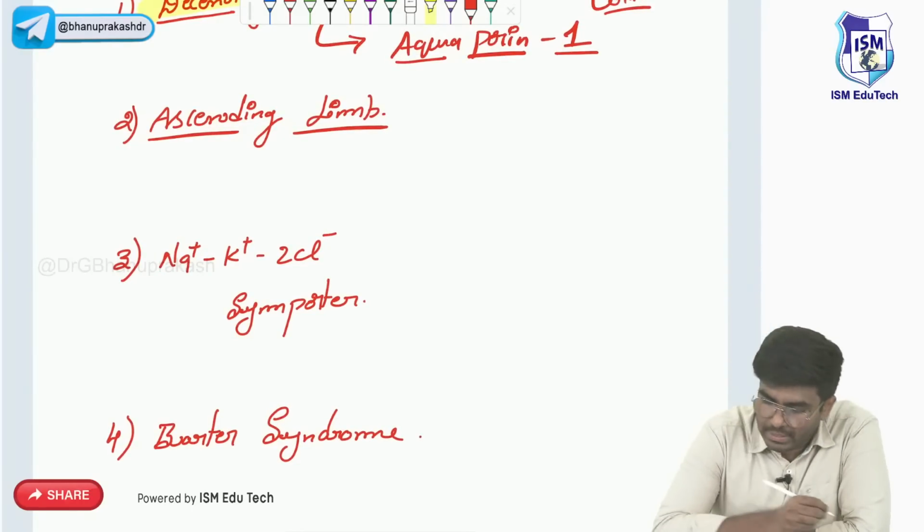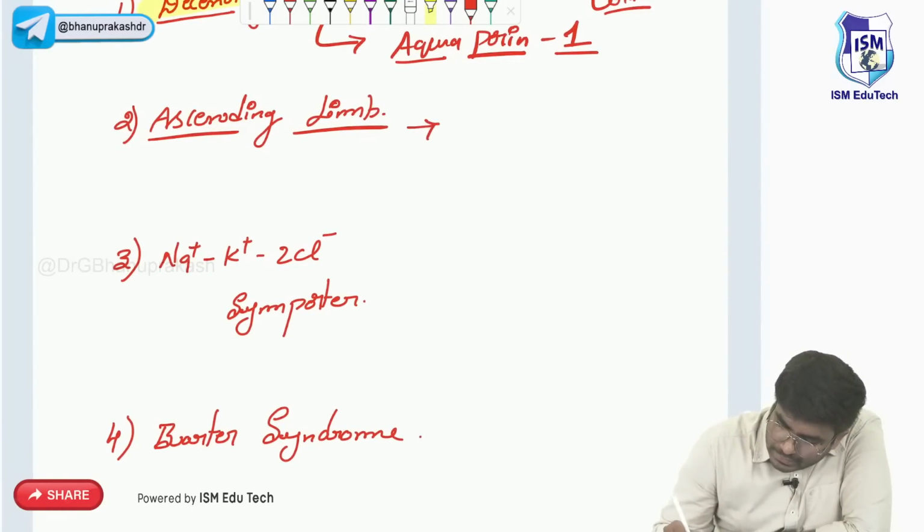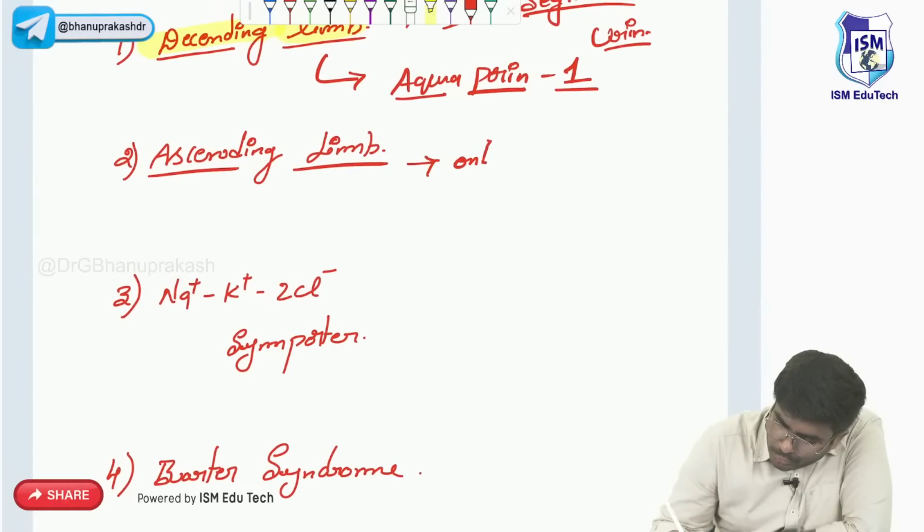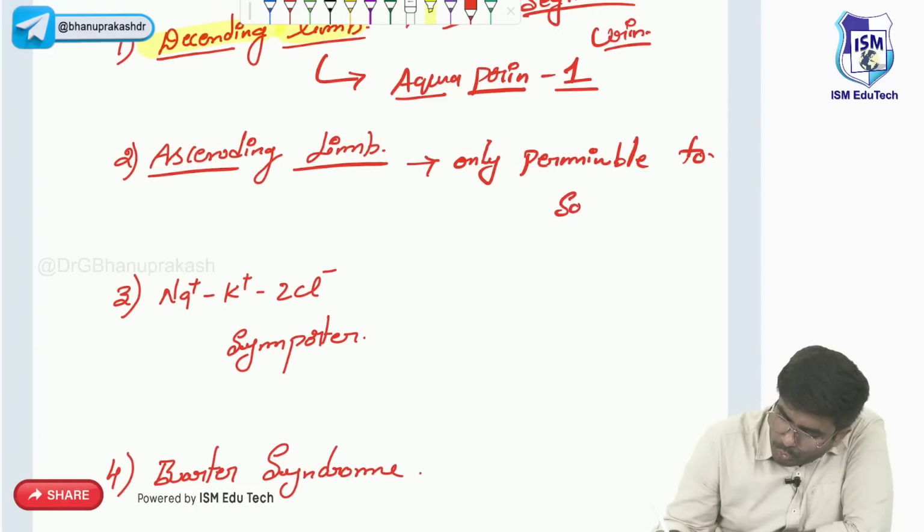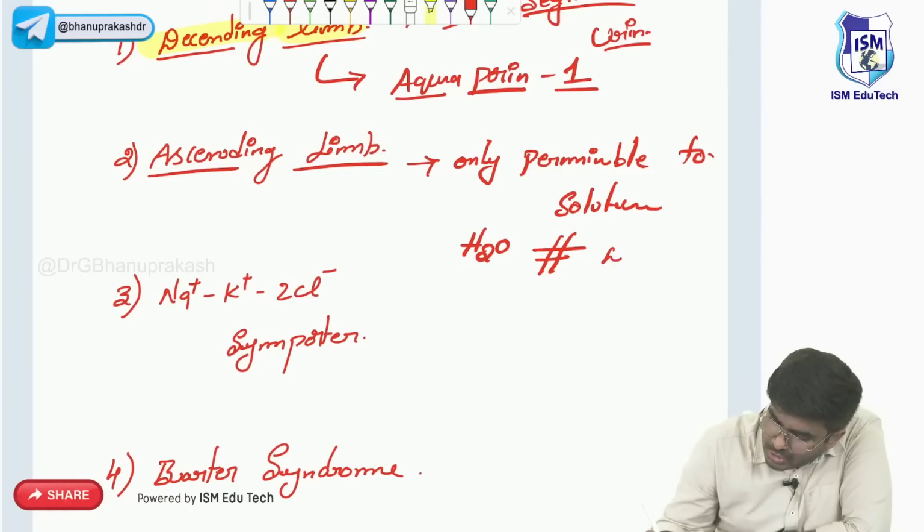Okay. Now same questions for the ascending limb of loop of Henle. It is only permeable to solutes. But does water reabsorption happen? No, water reabsorption does not happen in the ascending limb.